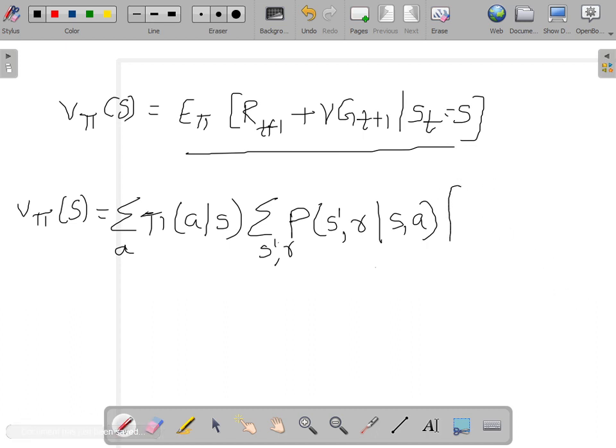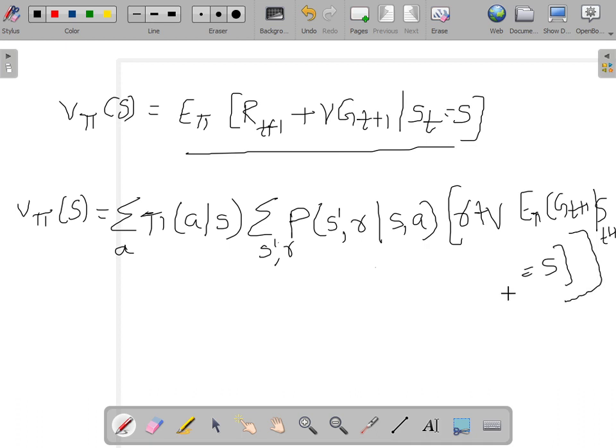So the rest of the part is r plus gamma E pi of G of t plus 1, here S t plus 1, and here we can take as equal to s, and here we are closing for this and we are closing for that. Okay, so now, how did we get this?